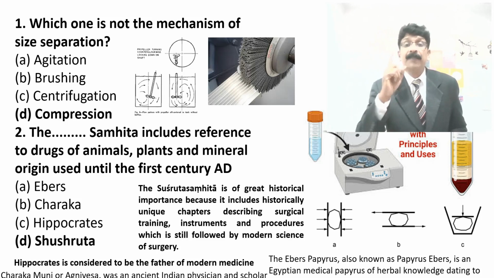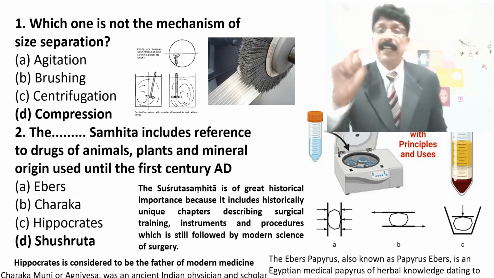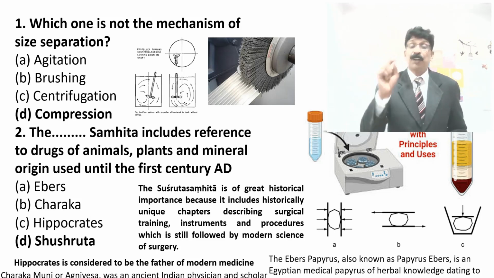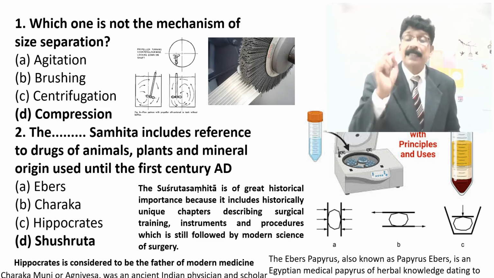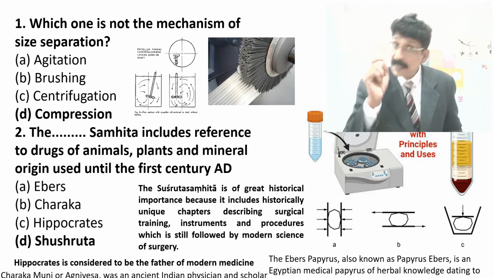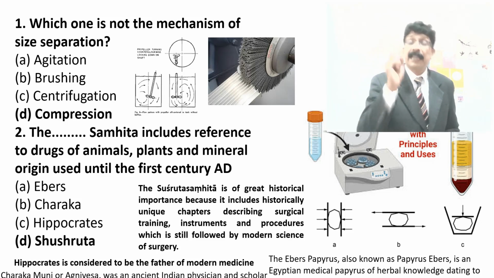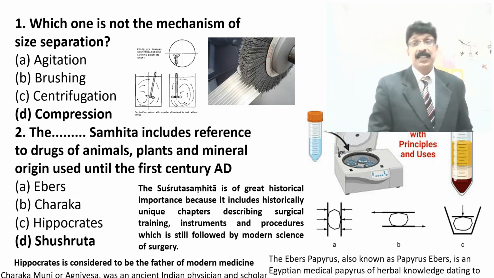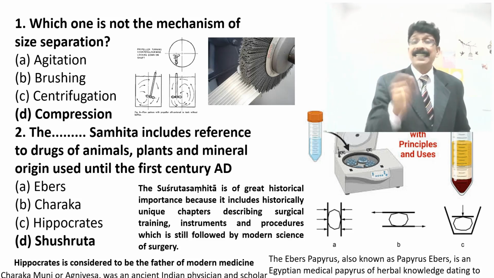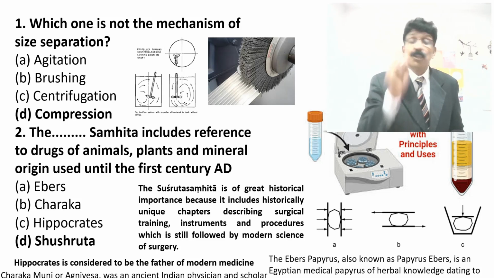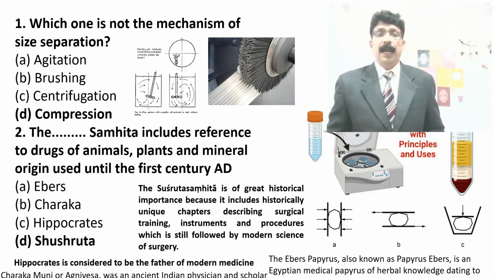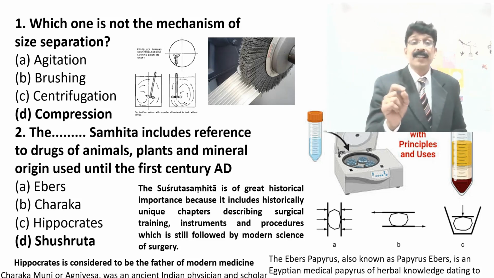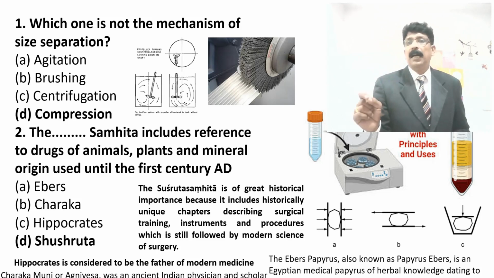Why? The Sushruta Samhita is of great historical importance because it includes a unique chapter describing surgery in Ayurveda, surgery training, instruments and procedures which are still followed by the modern science of surgery. It originated in India. That's why you have to remember Sushruta Samhita.